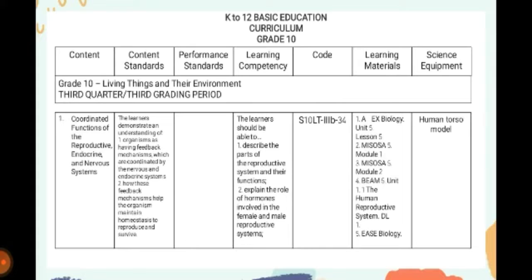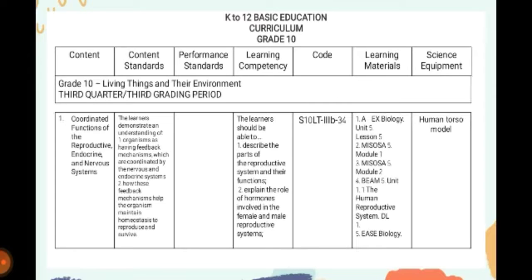We have the learning competency. There are many learning competencies under just one content standard. For example, under the first content standard, the learners should be able to describe the parts of the reproductive system and their function.